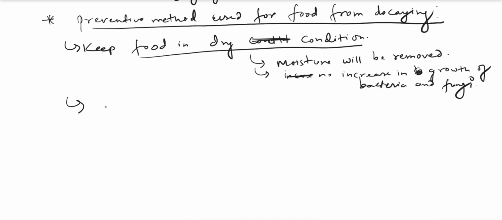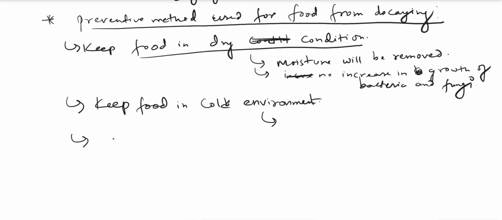The second method is keep food in a cold environment, either in freezer or refrigerator. Okay, so when the food is kept in the cold environment, in freezer or refrigerator, there is no chance of growing the bacteria and fungi.